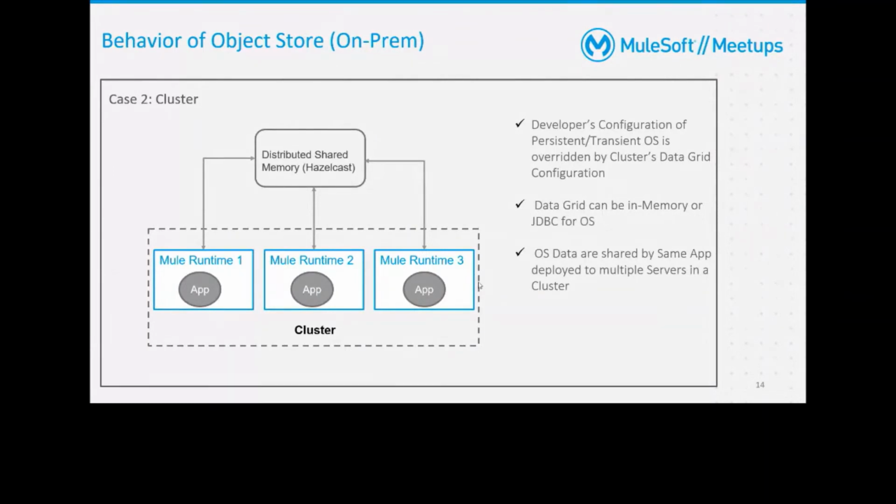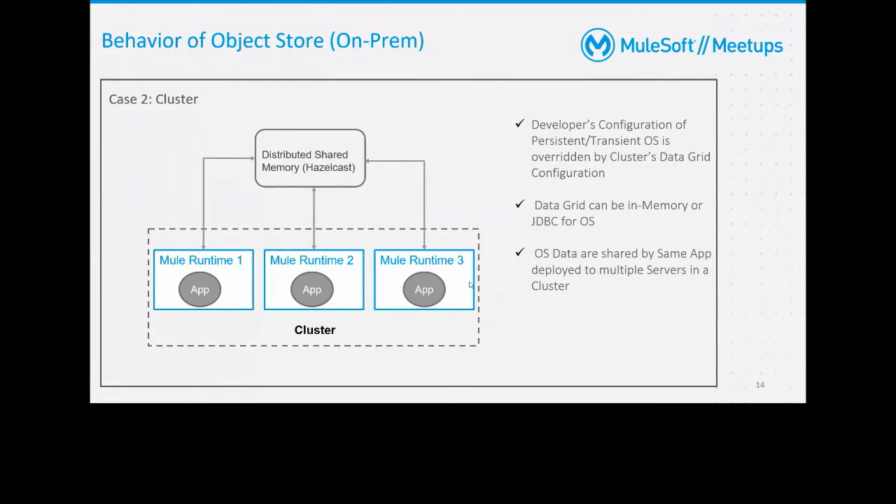Now, if we don't have it persistent, then for each app in the runtime it is stored in each memory, and it will not be shared across all the applications. If we do it persistent, then it will be shared in a distributed shared memory where any application in any runtime can access the data from the object store.